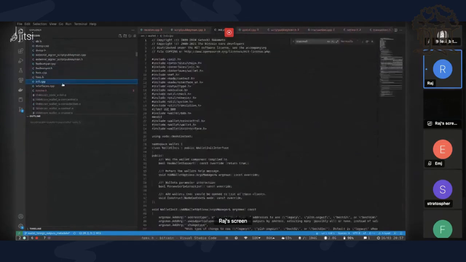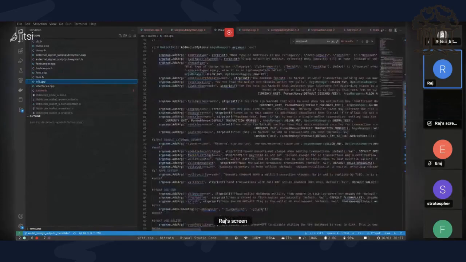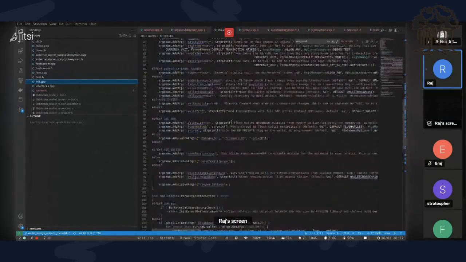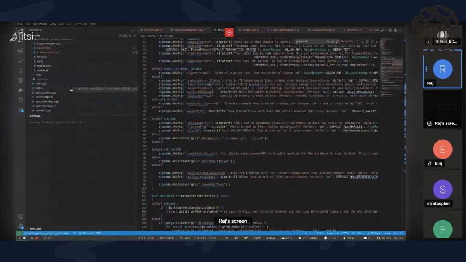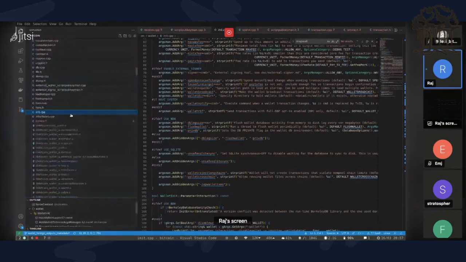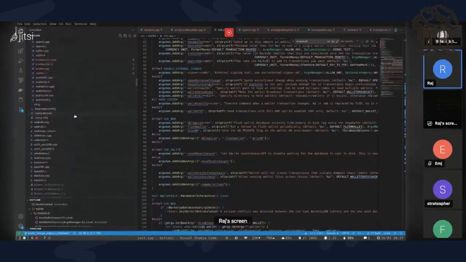And this is initialization, like what gets called when you start a wallet or create a wallet, right? So this is overall the wallet code base architecture. That's all I had for the tour.